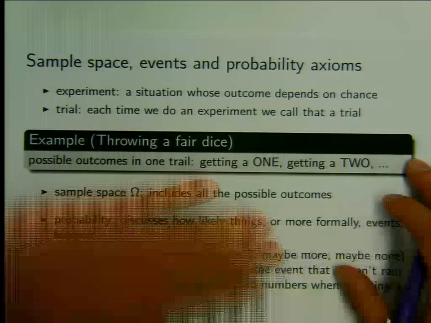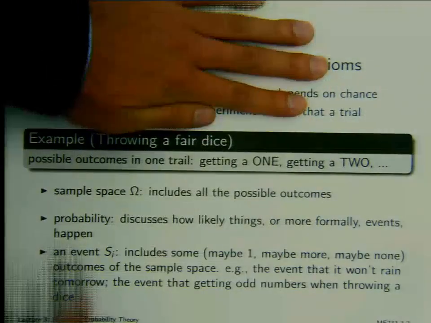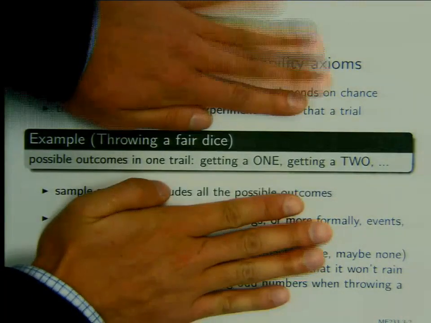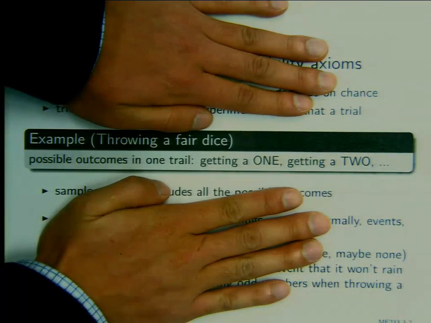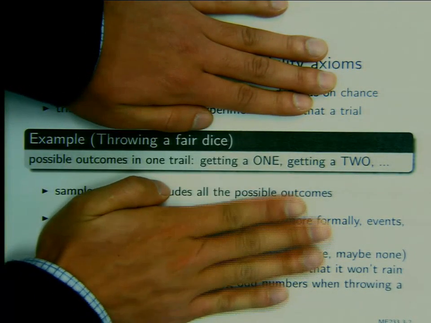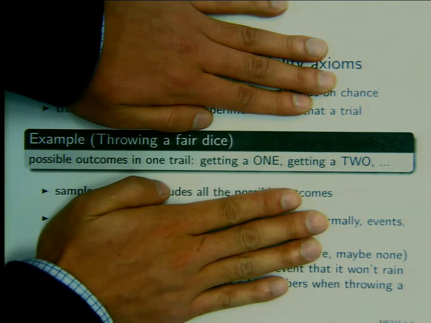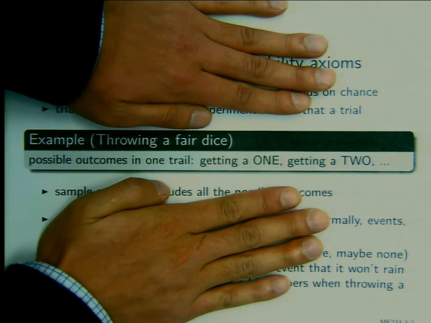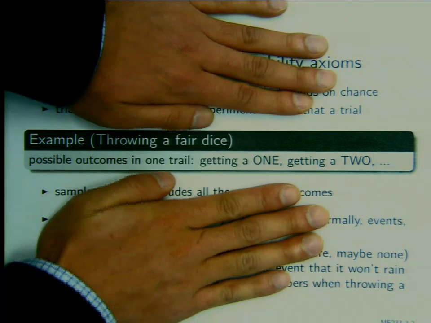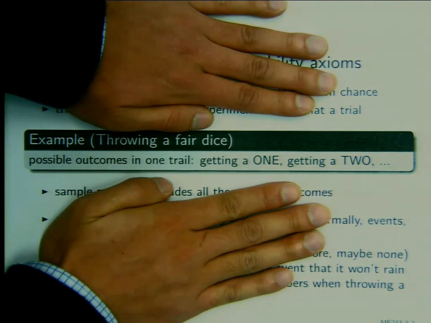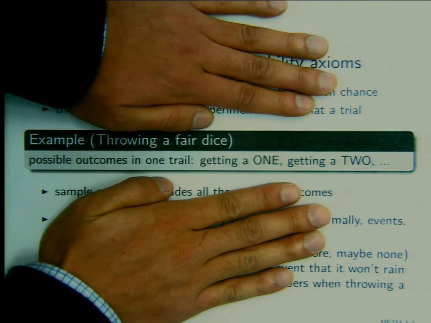So I want to start by just looking at a very simple example that we can think of. Say I'm throwing a fair dice, which has 6 faces. Okay, 1, 2, 3, 4, 5, 6. On each face there is a number. You can see that the outcome of throwing a dice depends on chance.